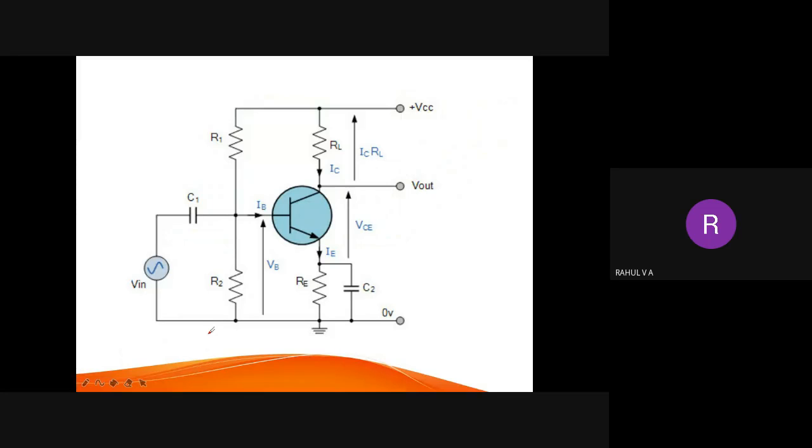Okay, CE, I am not going to explain about CE now. This capacitor I am not going to explain now. I am going to explain R1 and R2. So this R1 and R2 are called voltage divider circuit.